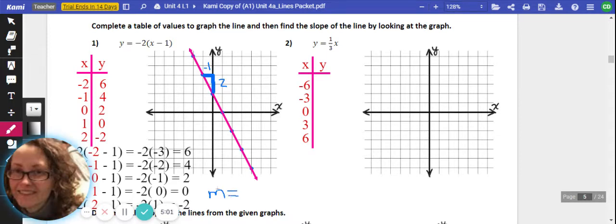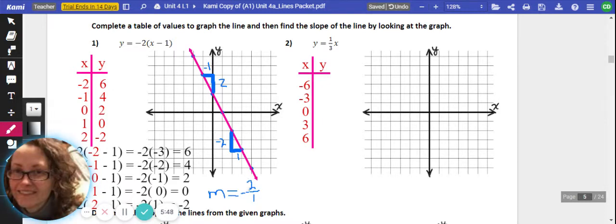And that is represented by the little m, and that will be a 2 over a -1, and I can actually put the negative out front because another way that I could have done this, instead of going up and to the left, I could have also gone down and to the right, which would have given me a -2 and a +1, because down is negative and to the right is positive.